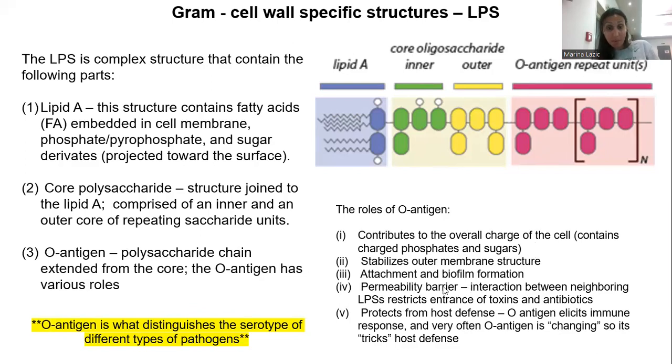It stabilizes membrane structure, attachment, and biofilm formation. It decides what will come in and out, so it is a permeability barrier, and it protects from host defense. The O antigen elicits an immune response, and very often it changes so it can trick host defense. So basically, this O antigen is highly important for the immune system.